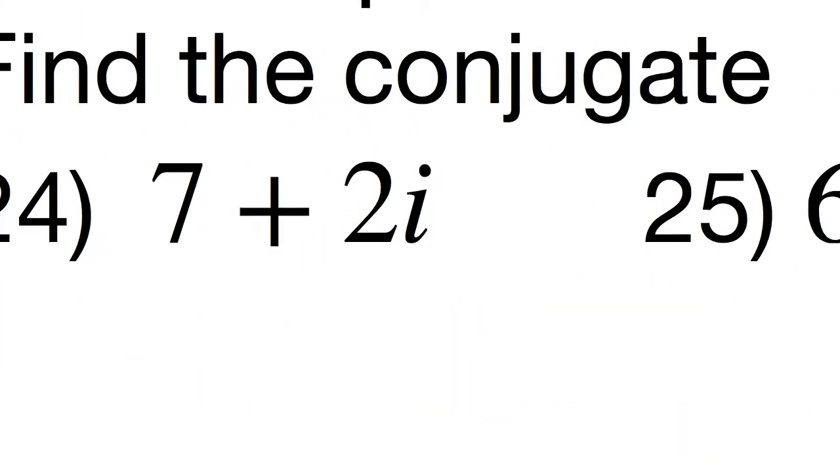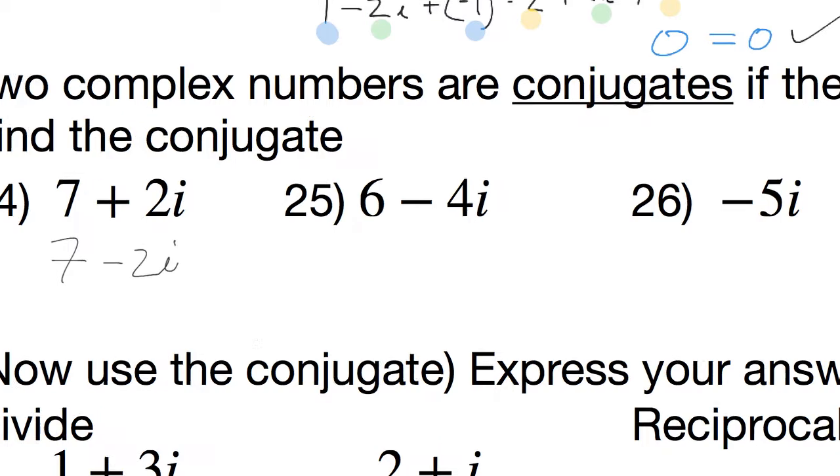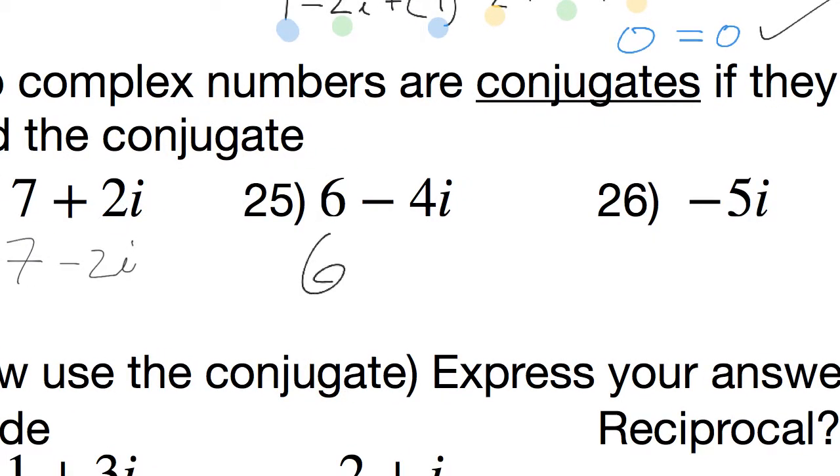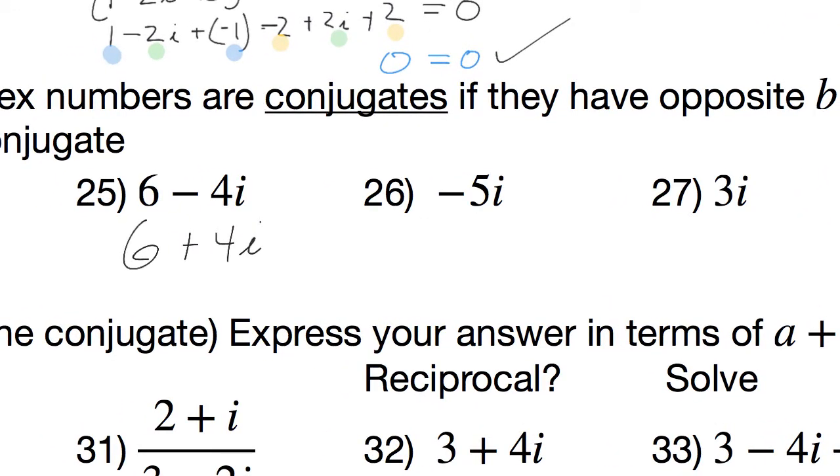So the conjugates here would be 7 minus 2i. And here would be 6 plus 4i. Again, we have the opposite imaginary values. When I say b value, it should be a plus bi. 5 is the b value, so we're going to take the opposite of that.